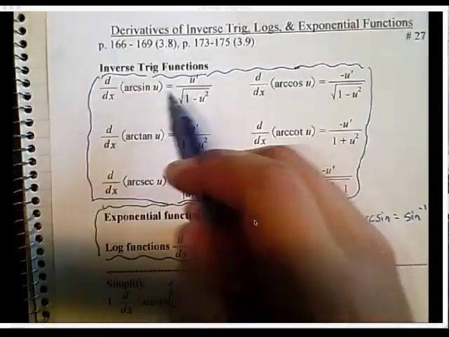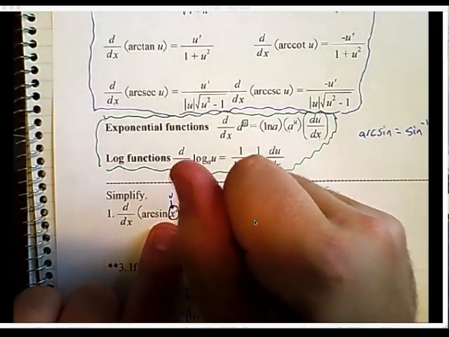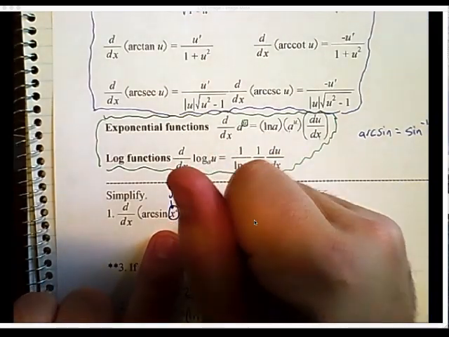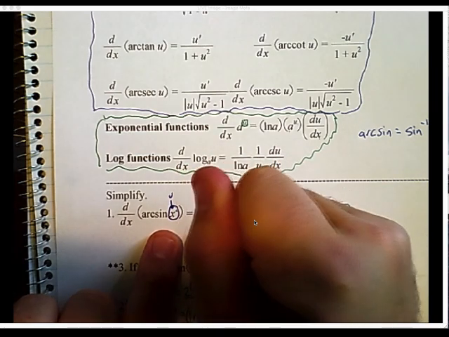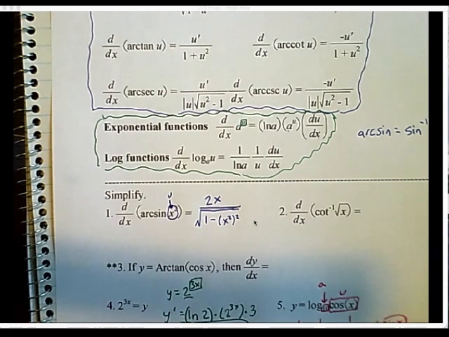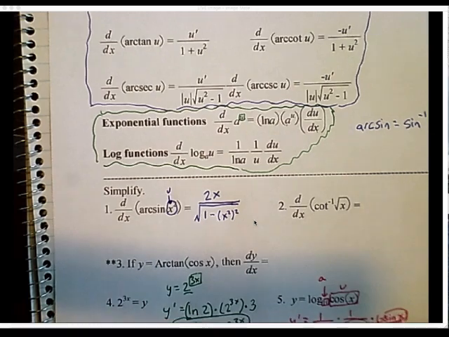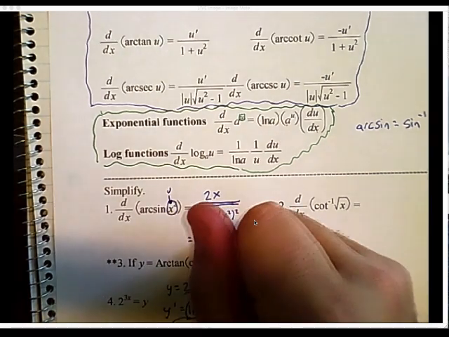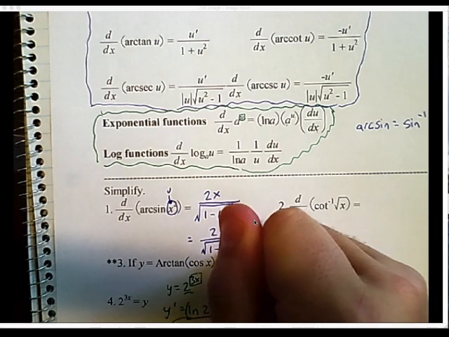So what does it say up here for arcsine of u? It says u prime, so what's the derivative of x squared? It's 2x over the square root of 1 minus u squared. So you've got to take x squared and square it again. So if you simplify it, it becomes 2x over the square root of 1 minus x to the 4th power.